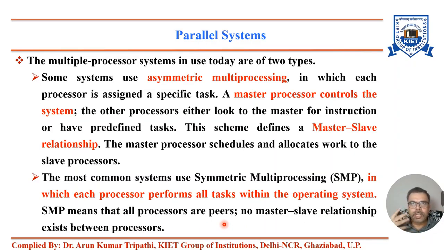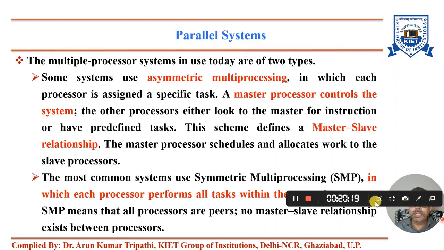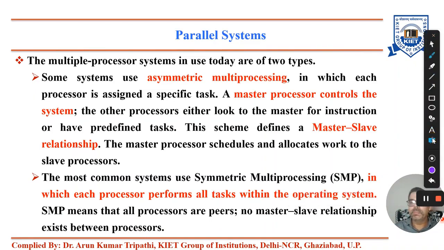Whenever a processor is performing a task, we can depict it better with a diagram. Suppose that this is processor P1, this is processor P2, the next one is processor P3, and this is processor P4.